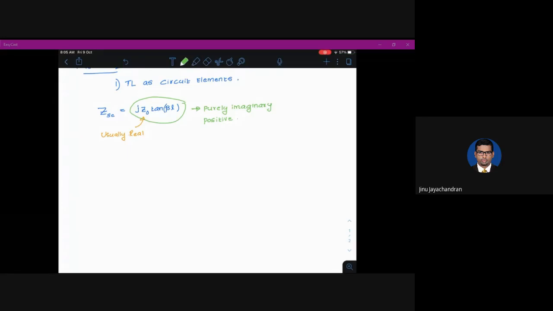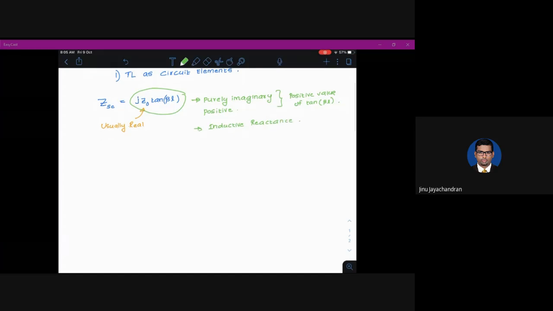A positive purely imaginary impedance, for a positive value of tan(βl), implies this is an inductive reactance. Right? For tan(βl) positive, you have this impedance jZ0 tan(βl) as positive, which is basically an inductive reactance.